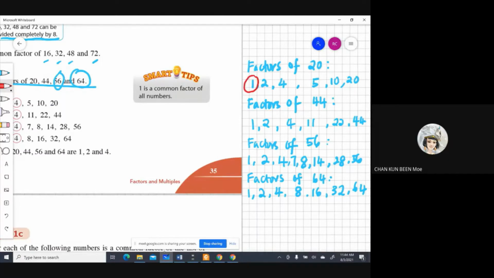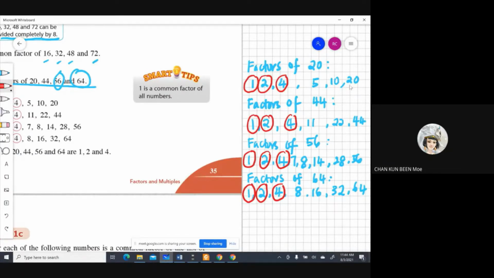The number 1 is common to all. All 4 of them have 2, so I circle 2. Do all of them have 4? Yes, so I circle 4. And 5, not all of them, so I cannot circle 5. Then 10, also not all of them.